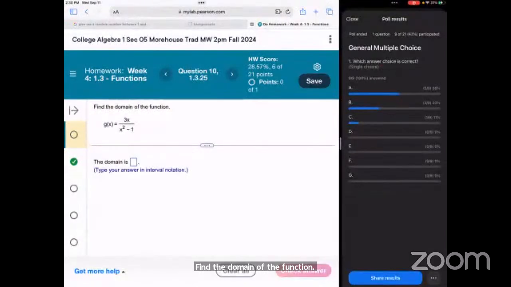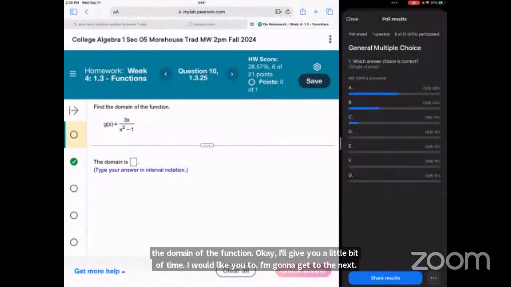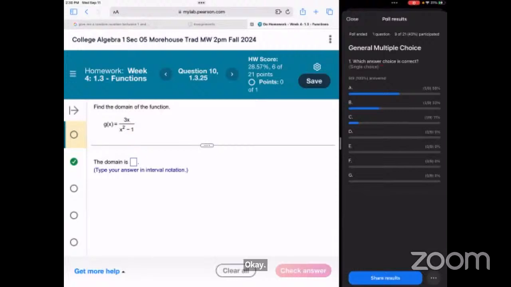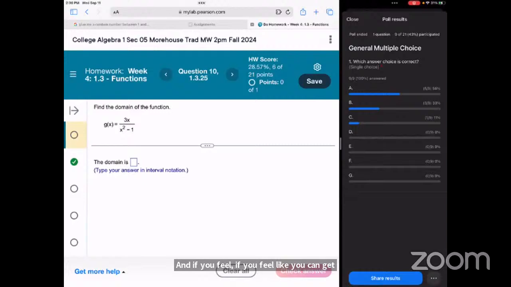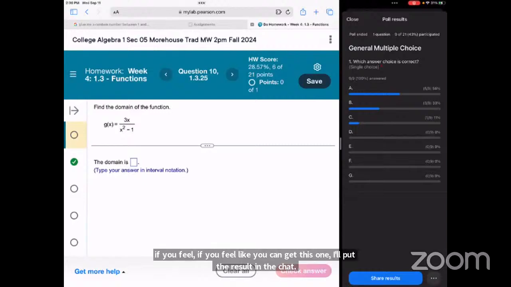How long is the next one? A minute. Okay, we'll let the next one ride. So just take a moment, and if you feel like you can get this one, I'll put the result in the chat. Can you find the domain of this function? Let's take a moment.